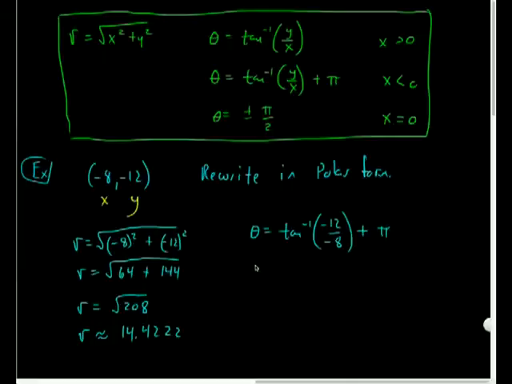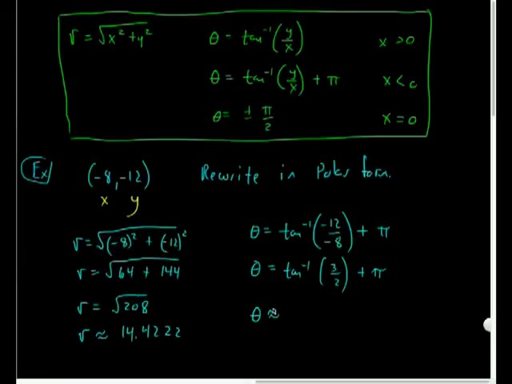Plus pi. And let's see, I'm going to have to remember to make sure I'm in radian mode again. So let's see, these minus signs will cancel out, so that's the same as tan inverse of, and actually 12 and 8 partially reduce as well, don't they? Let's see, 4 goes into 12 3 times and into 8 twice, and it's positive. And from this point on, the best I can hope for is an approximation.